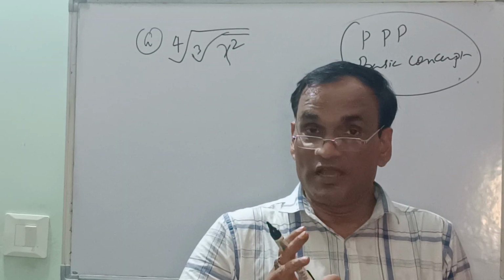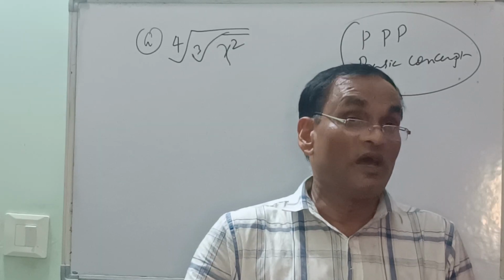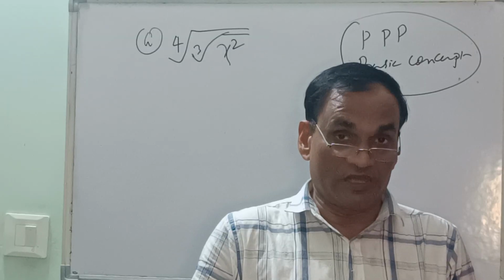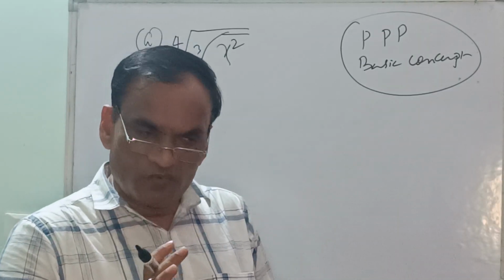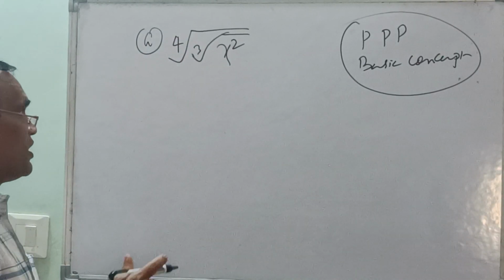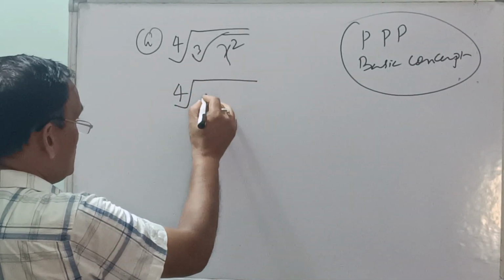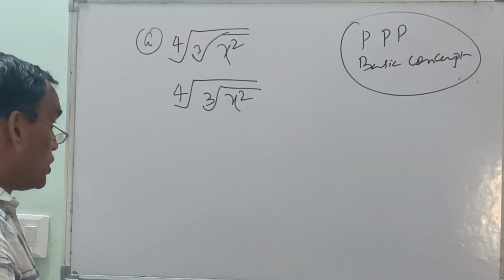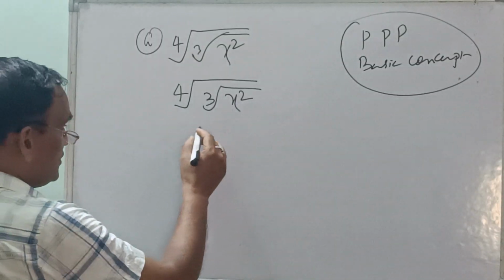I will turn every stone. I request all of you, you also do the same. Practice math, right? And break this. Whatever sum you get, go according to the sum. What it says. This is 4 root under 3 root under x square. So how are you going to solve this question? We can remember.